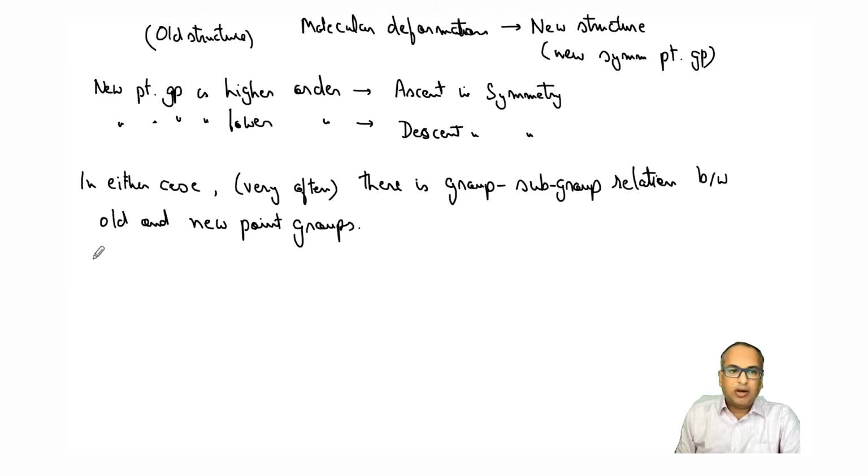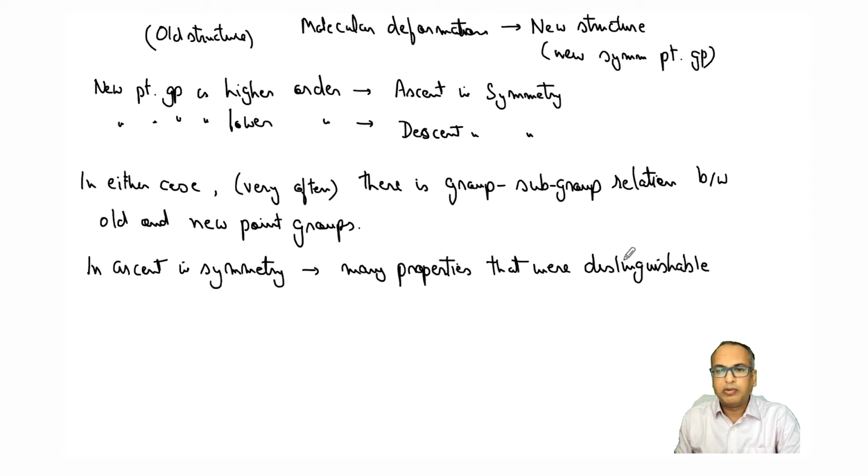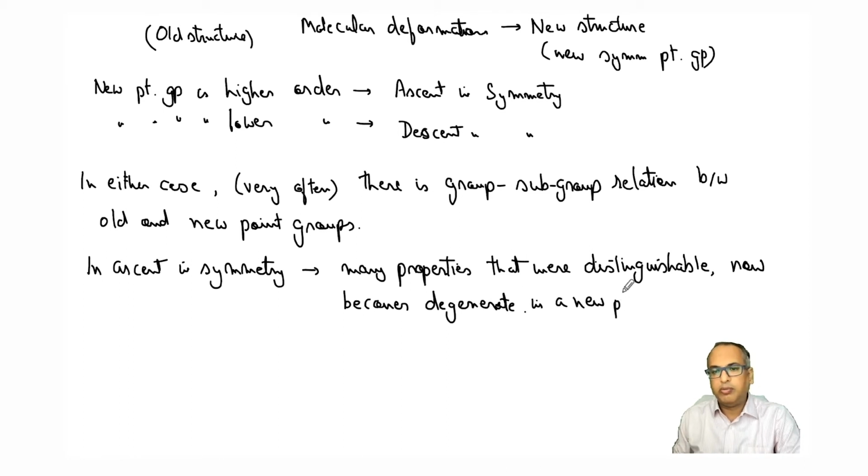So in case of ascent in symmetry, if you are going from lower symmetry to higher symmetry, we should say many properties that were distinguishable now become degenerate in the new point group or new structure or new molecule.